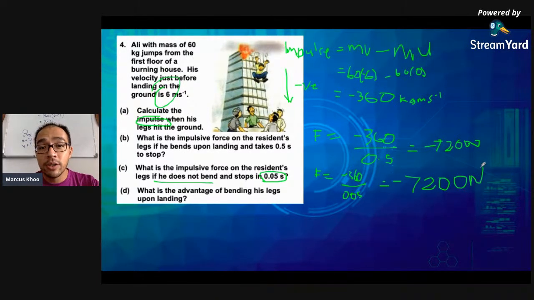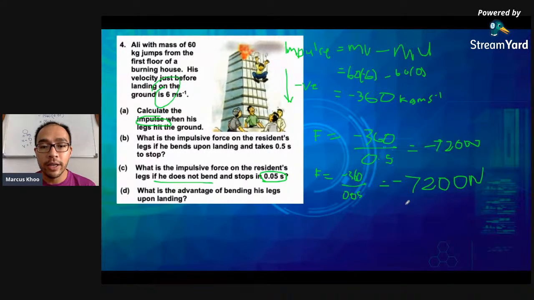So the first one, when he bends his legs, is like a 70 kilo bag falling on you. But the second one, when you don't bend your legs and you shorten the time of impact, is like a 700 kilo bag falling on you. Your legs are going to feel the force of 700 kilos.